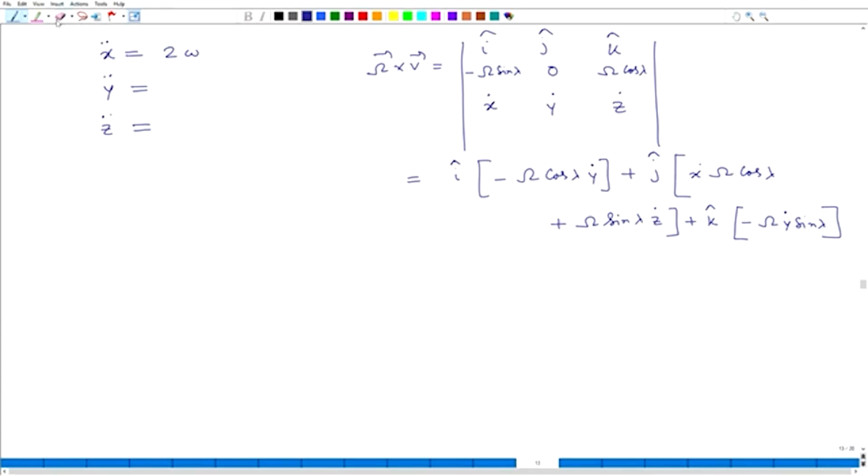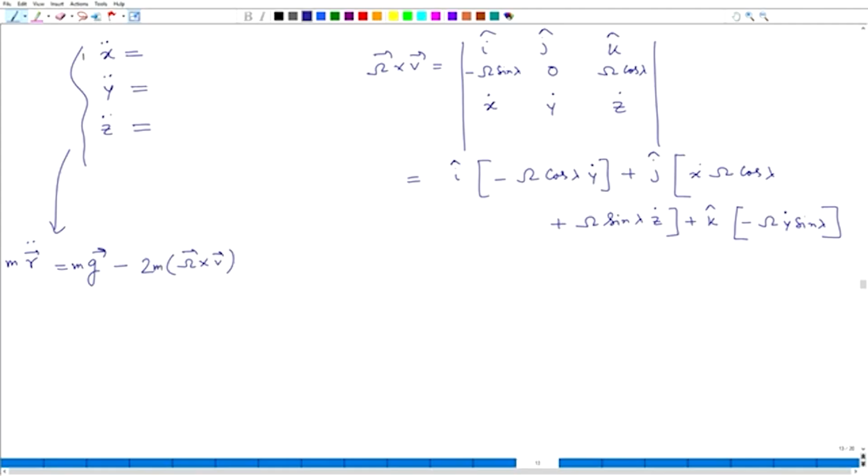So, I can just erase everything. The equation comes from this: r double dot should be equal to g minus 2 omega cross V, with m multiplied, so that it is the equation for the force.